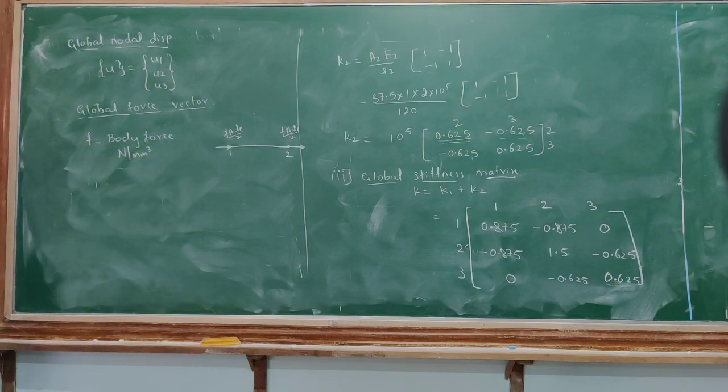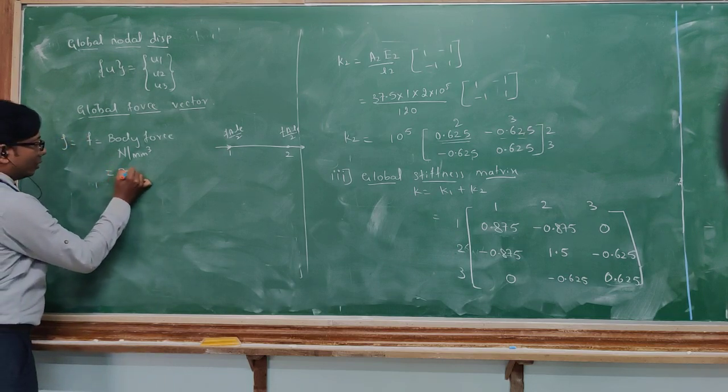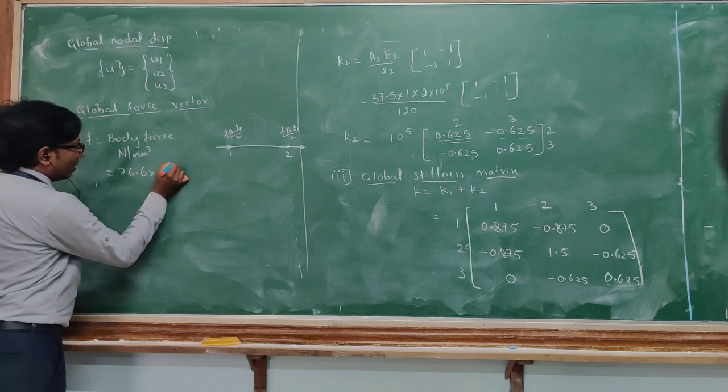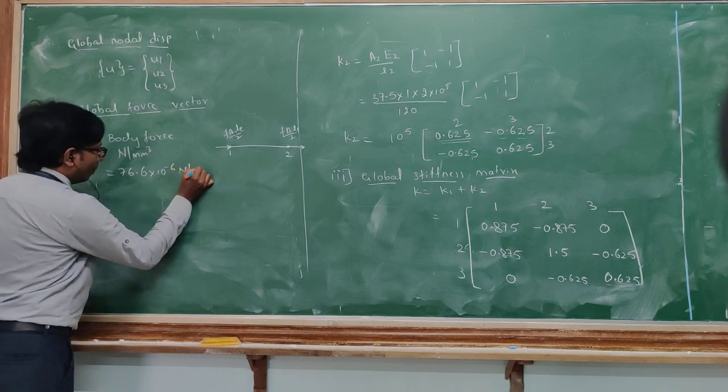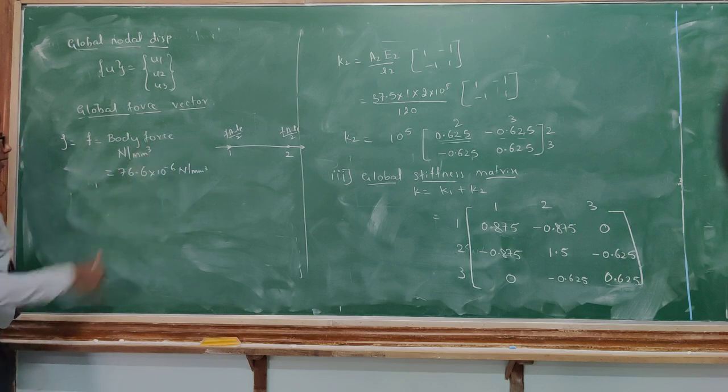If you see the unit of the weight density, they have already given it as Newton per mm cube. It is nothing but the value of F here, which is 76.6 into 10 to the power minus 6 Newton per mm cube. So I have to calculate that equivalent point load.